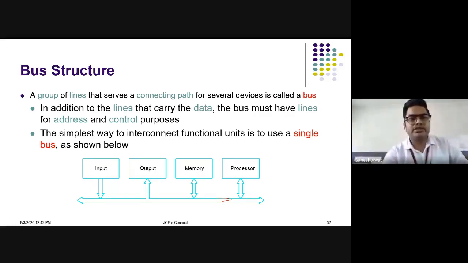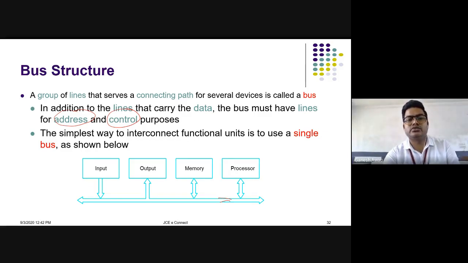In addition to the lines that carry the data, the bus must have lines for address and control purposes. So this bus will have data lines, address lines, and control lines also. Some lines will be used to indicate the address, some to carry the data, and some for control signals.